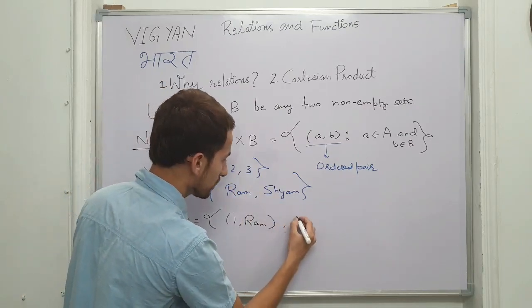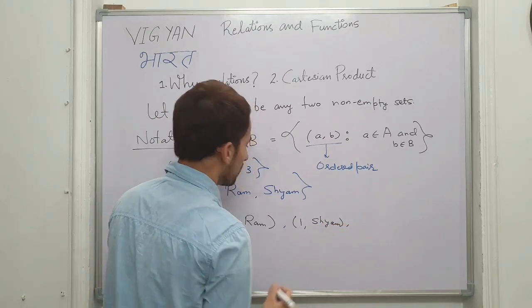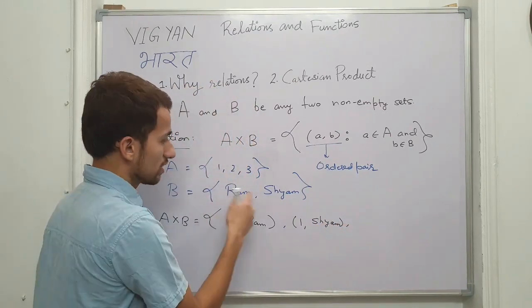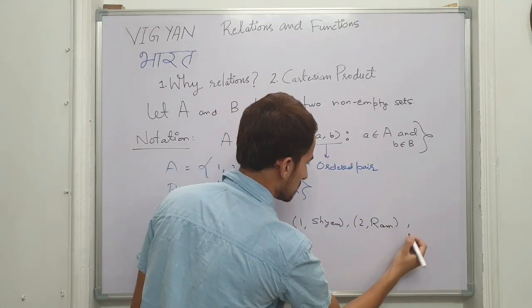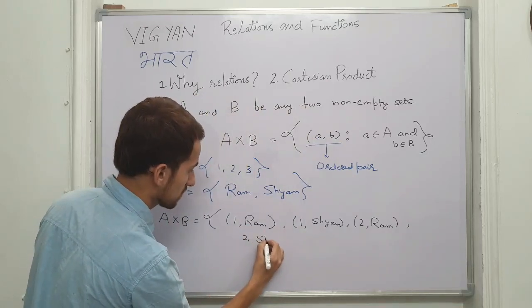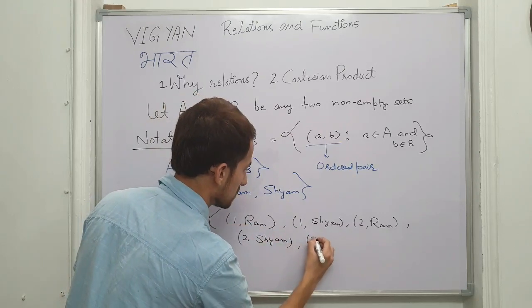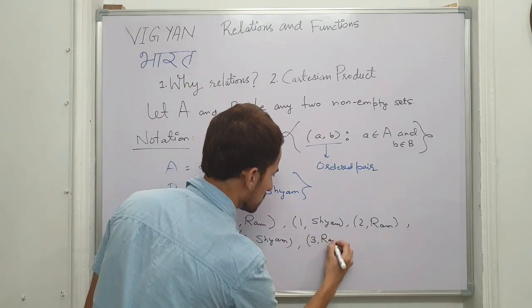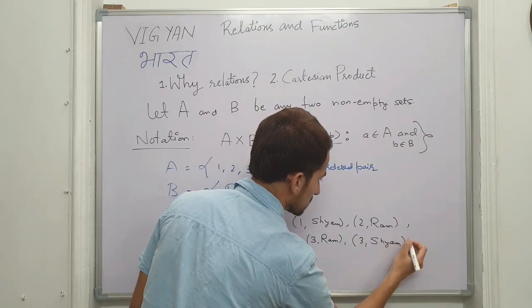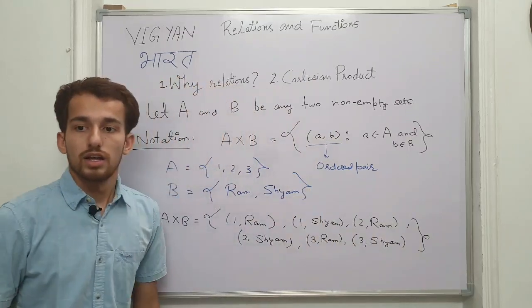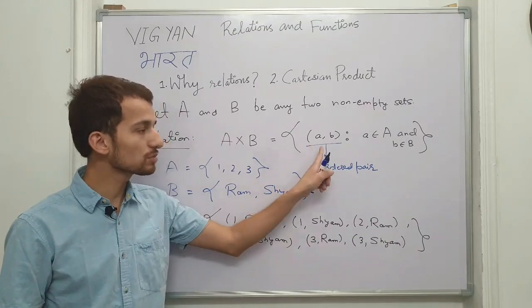Similarly, another one will be 1, Sham. We can continue in a similar fashion.